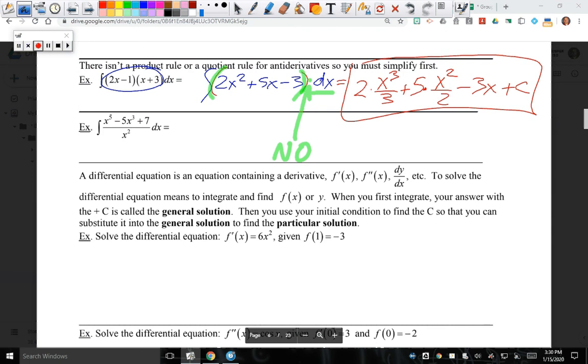When we get to the point where there's multiple C's, do we write it as like C prime and then just keep going? So you will get multiple C's in differential equations, Calc 4. You won't get multiple C's per se here. You won't see that until Calc 4, which is differential equations.